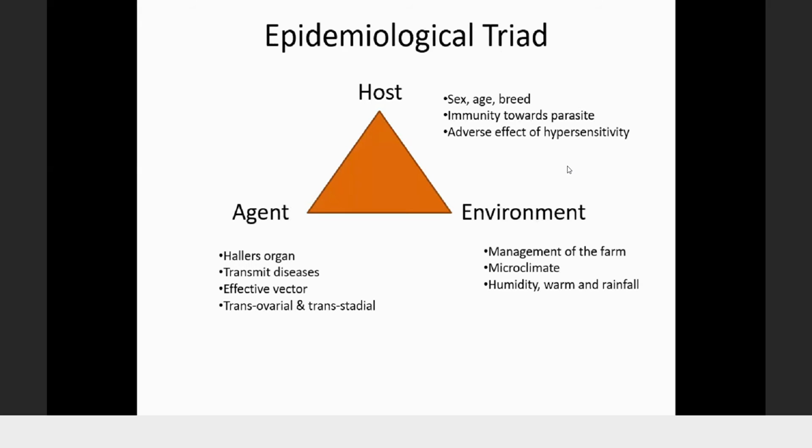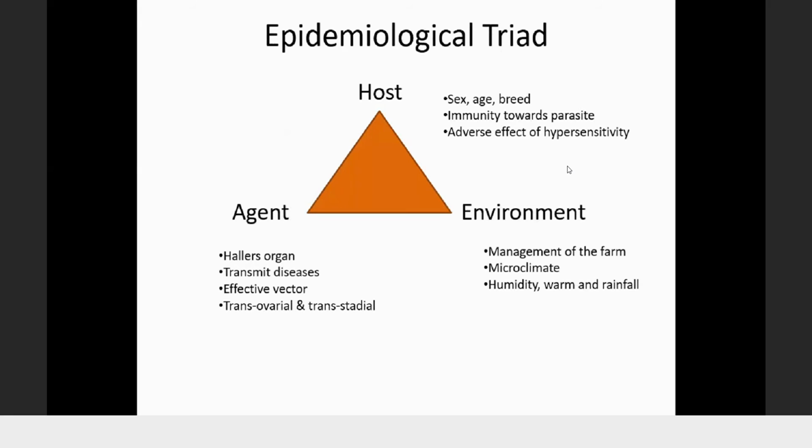Okay, the epidemiological triad. I think you know already what they are: host, agent, and also environment. I think throughout this Vet Parasitology 2 you have been exposed to this already. So for host, the sex, age, and breed are very important. I will explain this later. And then the immunity towards the parasite as well, and the adverse effect of hypersensitivity.